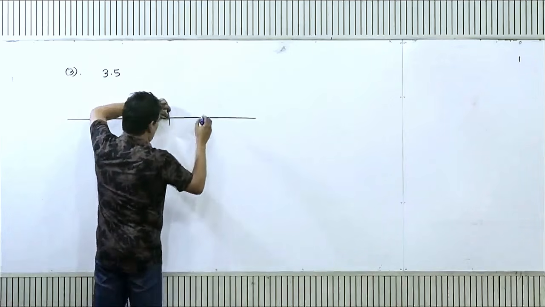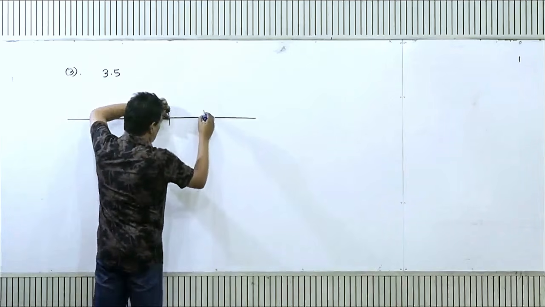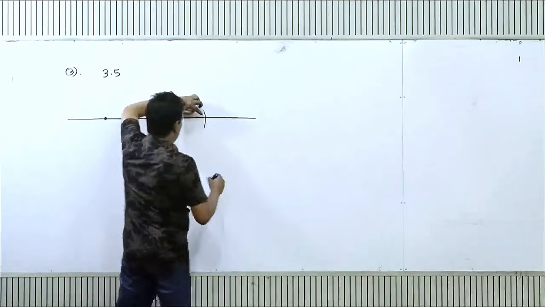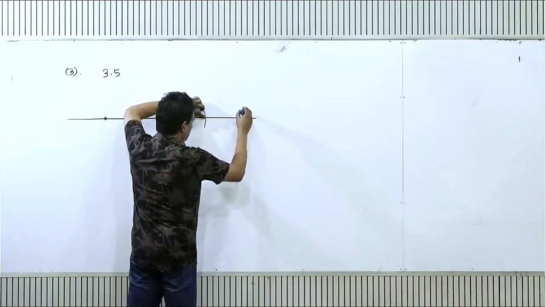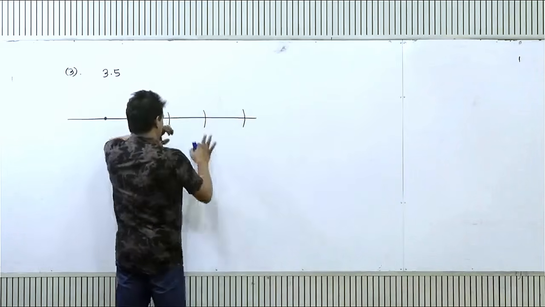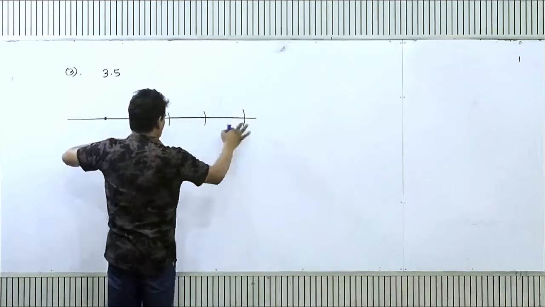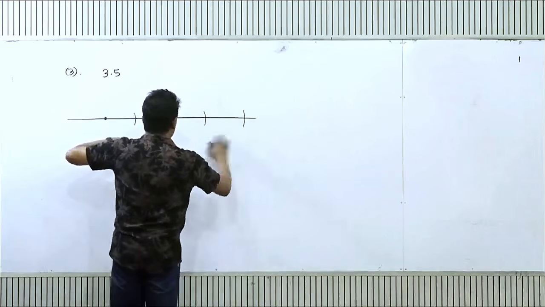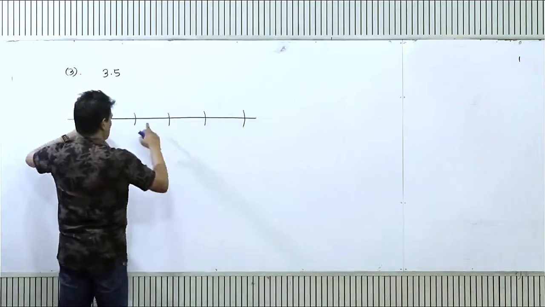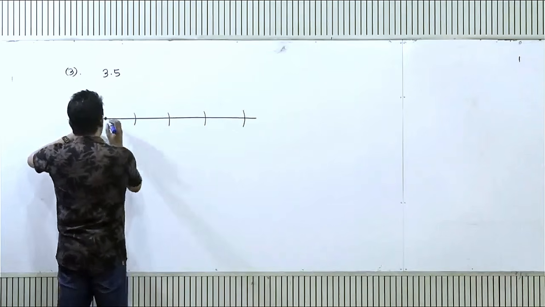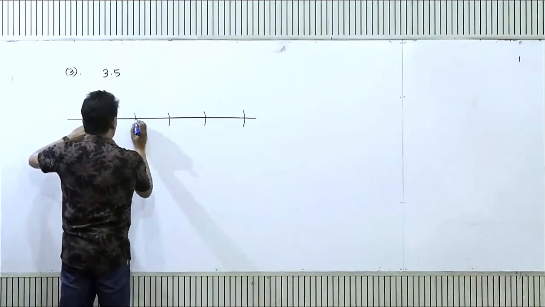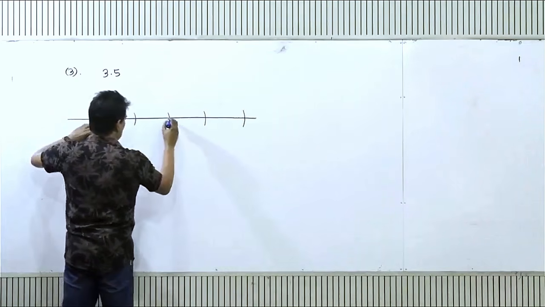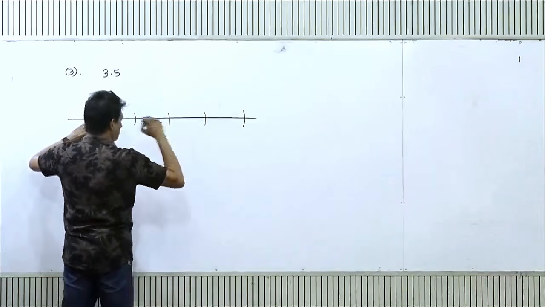Again put the end here and draw an arc here. Again put the end here and draw an arc here. Then from here to here, distance 1. This distance 1, this distance 1, this distance 1.